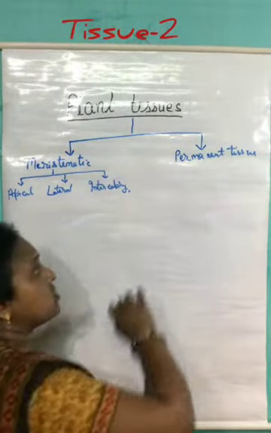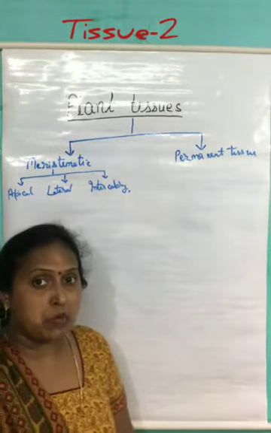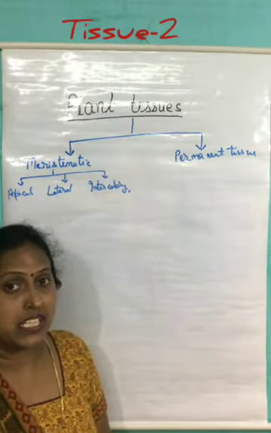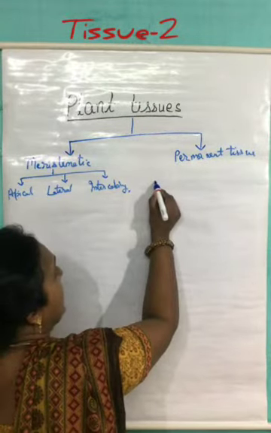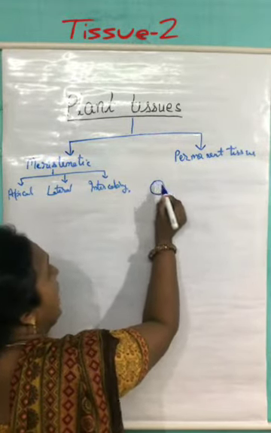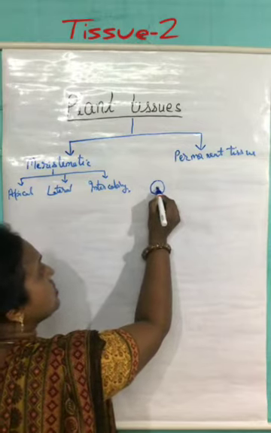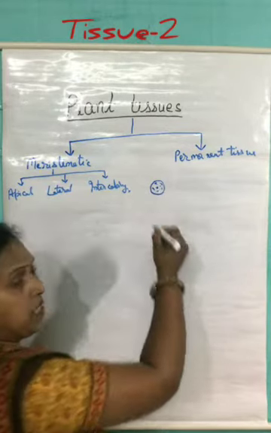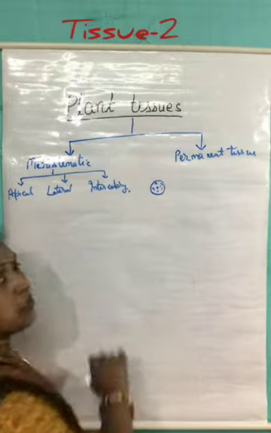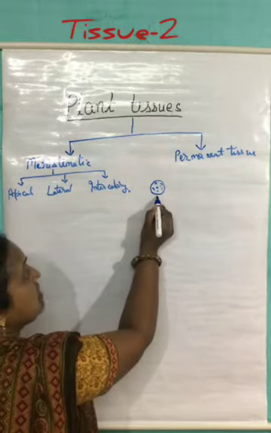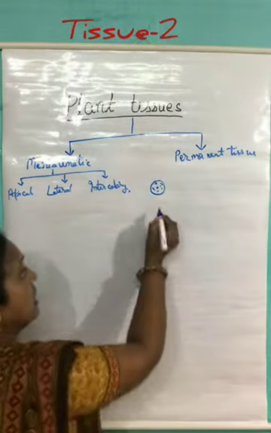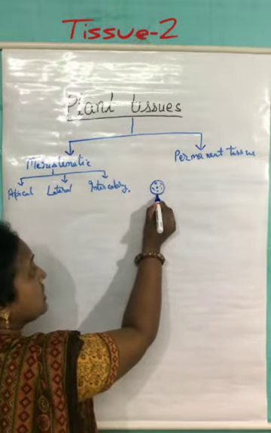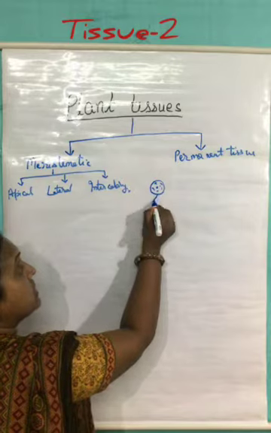the permanent tissues. One important point we have to discuss here is what normally happens. If a cell is there, we know that the cell consists of a nucleus and cytoplasm. If it is a mature cell, then after attaining its maturity, this cell will undergo the process of cell division.